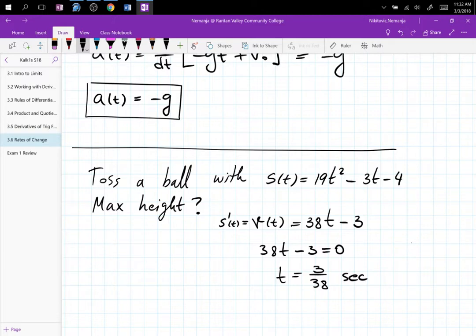Why are we setting it equal to 0? Because the object stops at the maximum height.